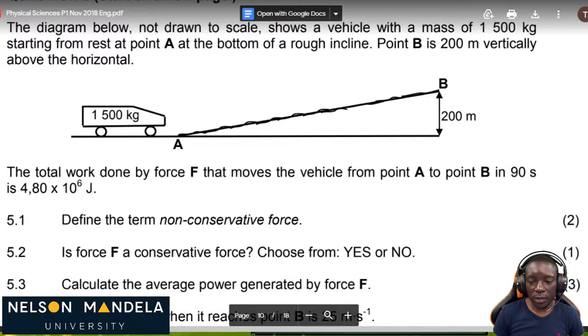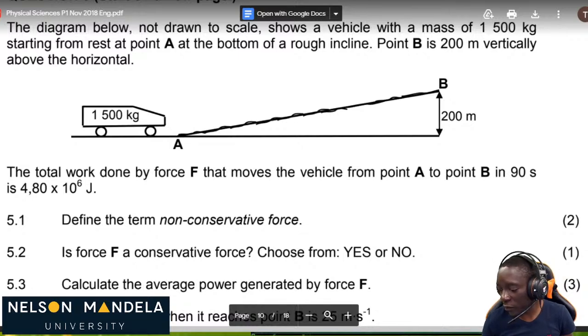Any suggestions? Is the force F a conservative force? What would you say, yes or no? That's a simple question for a simple yes or no and a mark. So conservative or non-conservative?